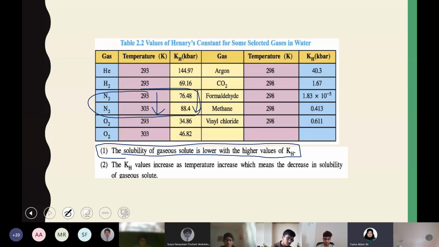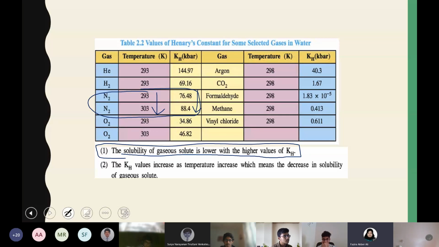But we already know that for a gas dissolved in a liquid, when you increase the temperature, its solubility decreases.